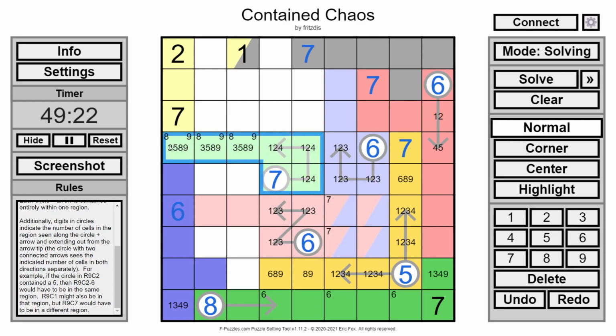So what are the 2 cells that are going to be added to green? It's going to be a 3 or a 5, and then it's going to be a 6. Yeah, that doesn't help, I don't think.